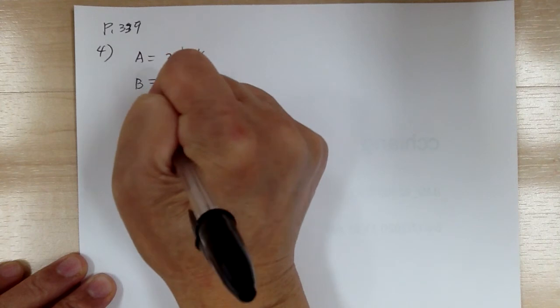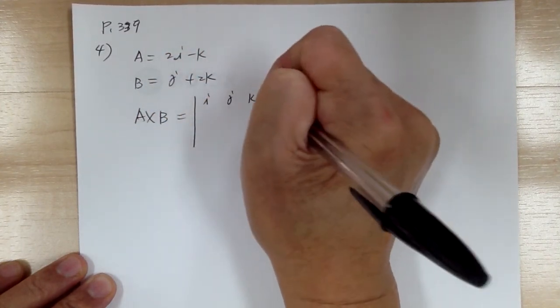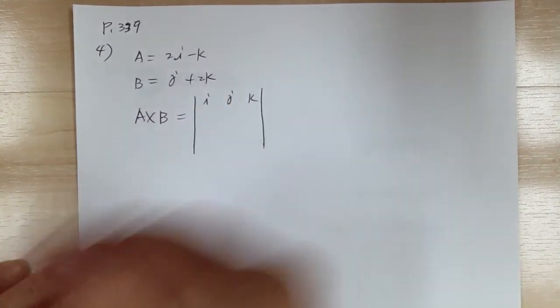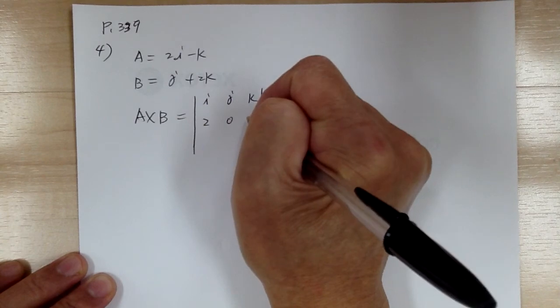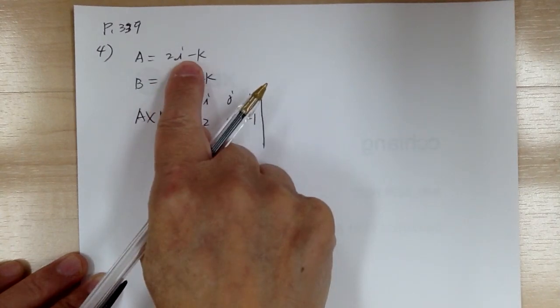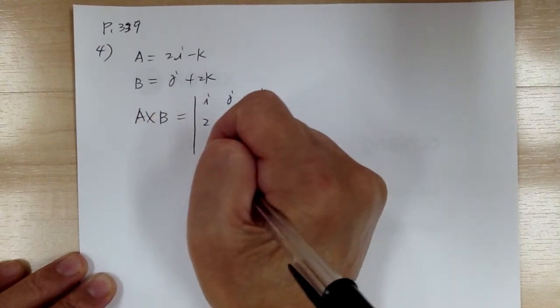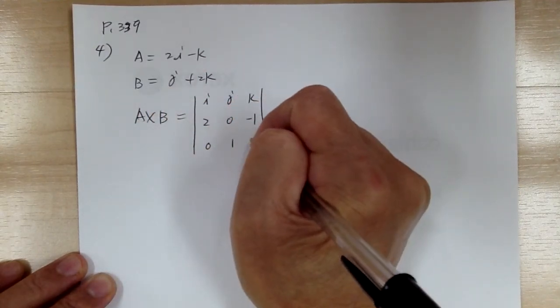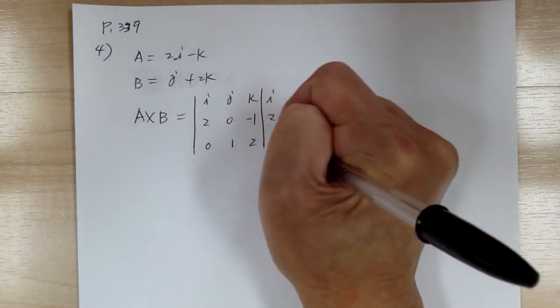So A cross B equal to i, j, k, and the A vector is going to be 2, 0, negative 1. There's no j, so it's 0, so 2, 0, negative 1. The B would be 0, 1, 2. So copy the first two columns.